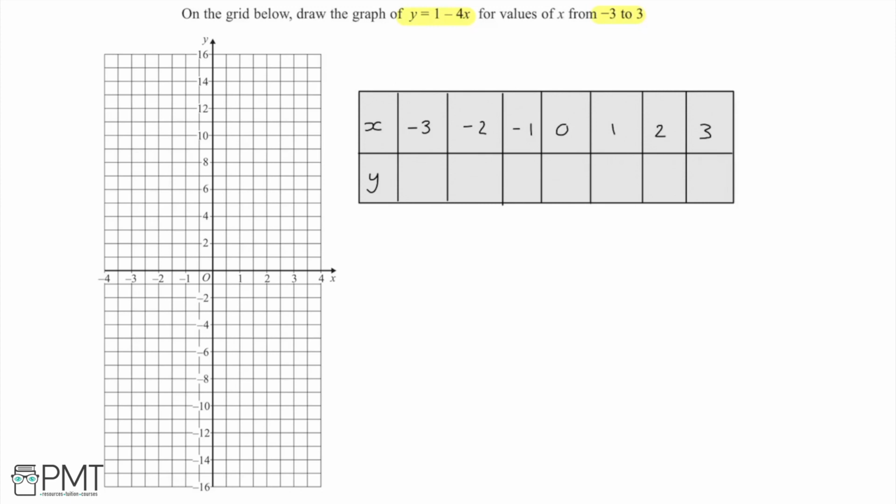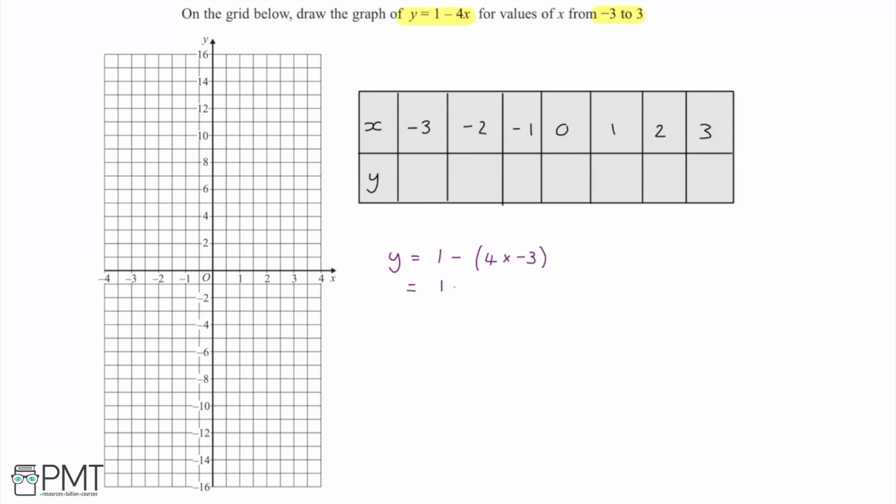Now for the y values, I'm simply going to use this formula, this equation, and I take my x value and I substitute it in. So for example, for the minus 3 to start with, we have y is equal to 1 minus 4 lots of x, and x is minus 3, so 4 lots of minus 3.